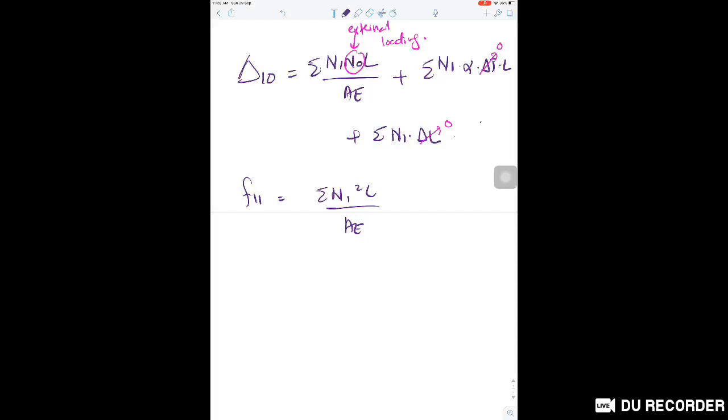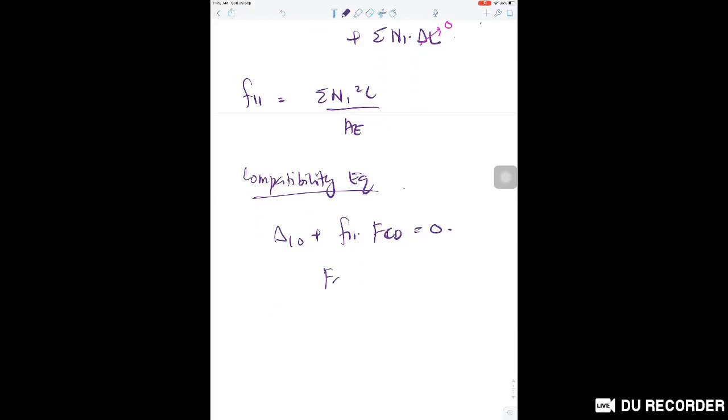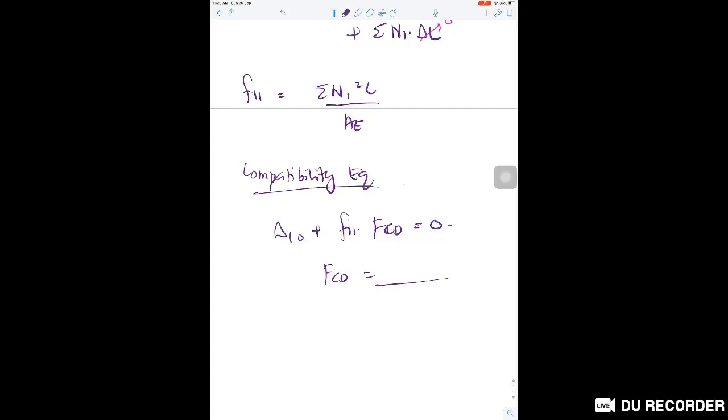Then we just have to substitute into the compatibility equation. Okay, just substitute into the compatibility equation. Then we get FCD is equal to the redundant value.